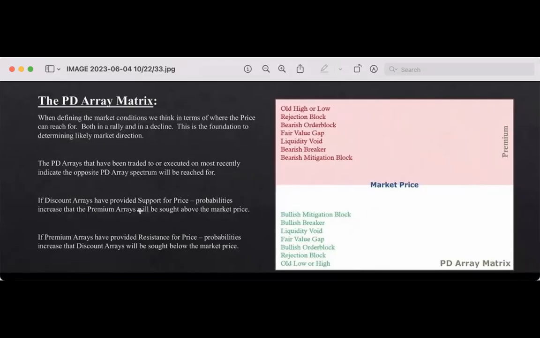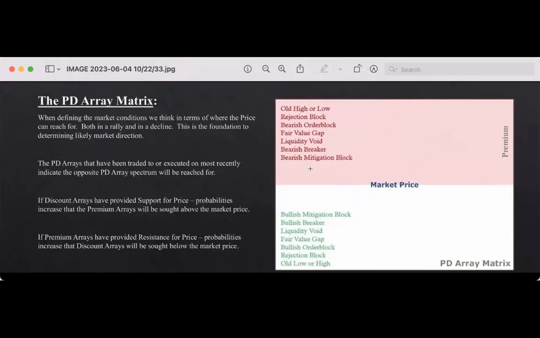If discount arrays have provided support for price, probabilities increase that the premium arrays will be sought above the market price. If premium arrays have provided resistance for price, probabilities increase that discount arrays will be sought below the market price. Sorry.